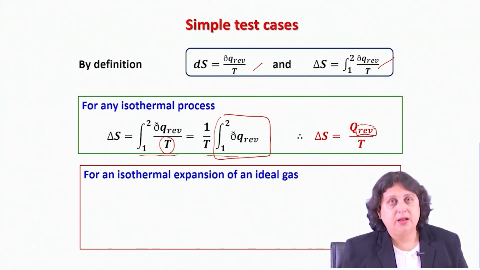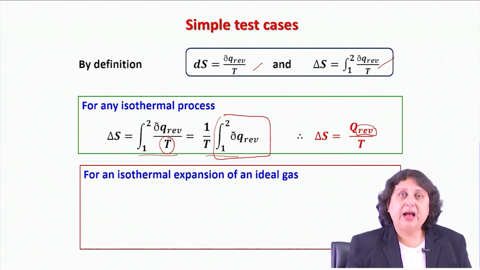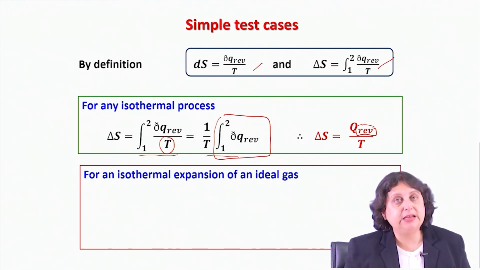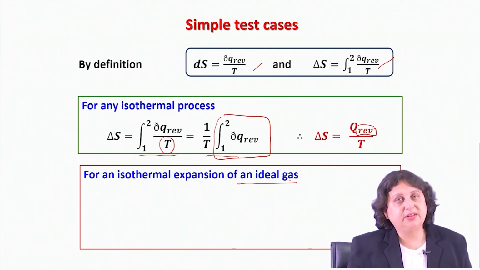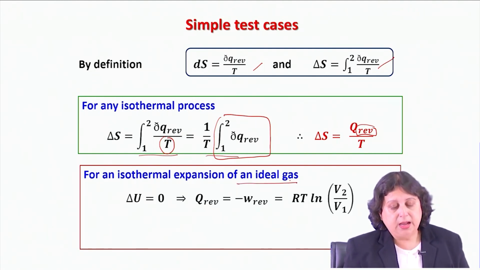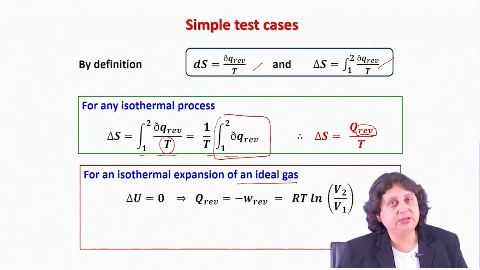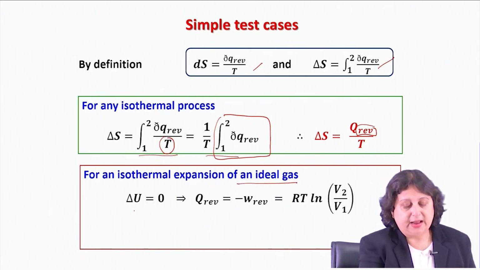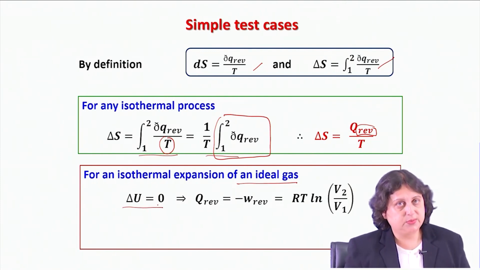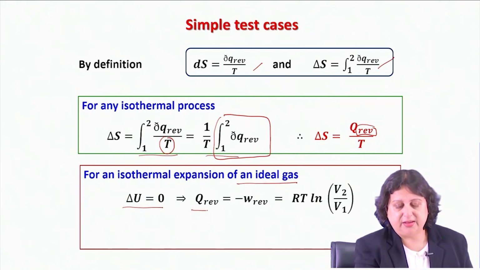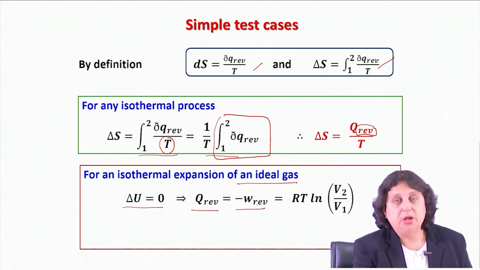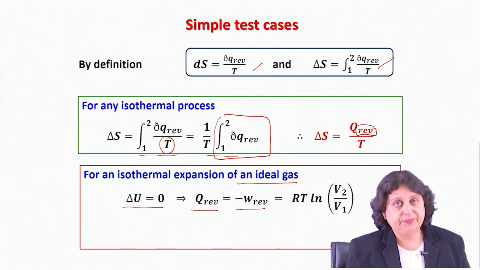You must realize that I have again and again emphasized the fact that the definition involves a reversible process. Now, if I have an isothermal expansion of an ideal gas, I will use the properties of the ideal gas. I know that for an isothermal expansion of an ideal gas, delta U is equal to 0. Then what does the first law of thermodynamics tell me? In that case, I must have Q reversible equal to minus W reversible.